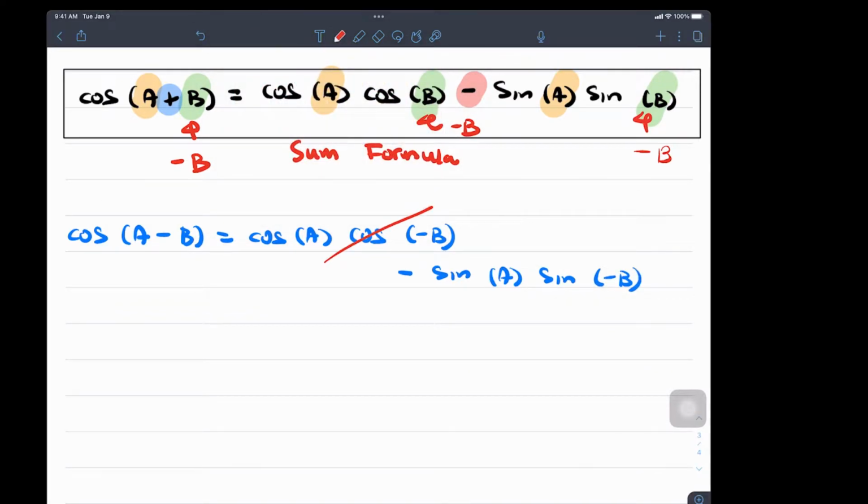So what's cosine of minus B? Cosine B. What's sine of minus B? Minus sine B. So all together now, here's what you get.